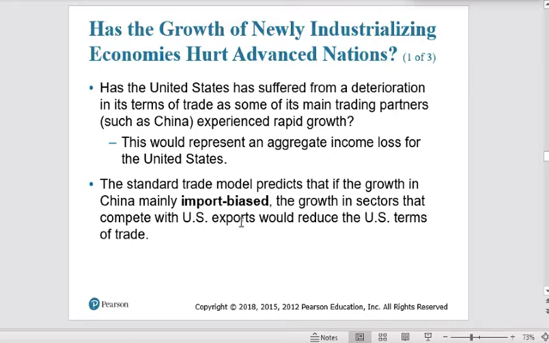But if the newly industrialized economies have growth in the products that the advanced nations import, that's going to be good for them, right? So let's do some examples.